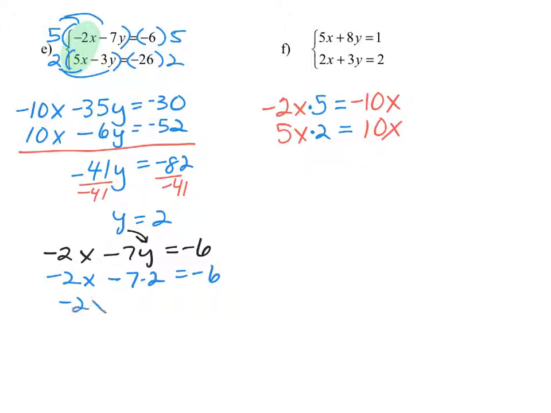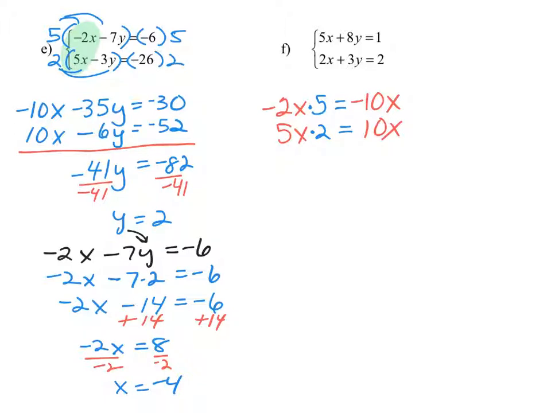Simplify that to get negative 2x minus 14 equals negative 6. We can add 14 to both sides to get negative 2x is equal to 8. And then by dividing both sides by negative 2, we can see that x is equal to negative 4.